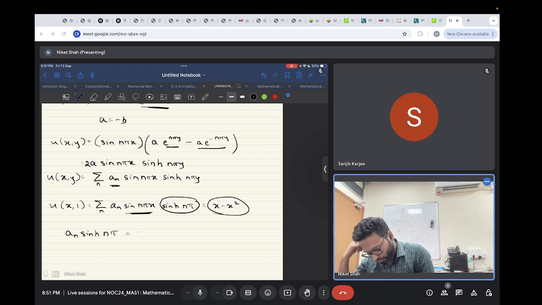It is 2 by a, where a is the interval, which is 0 to 1 in this case, integral from 0 to 1 of x minus x squared times sin(n pi x) dx. This integral we have to evaluate, and this will give me the coefficient.